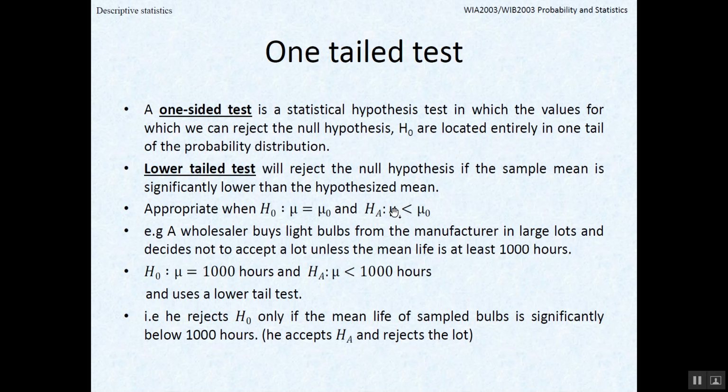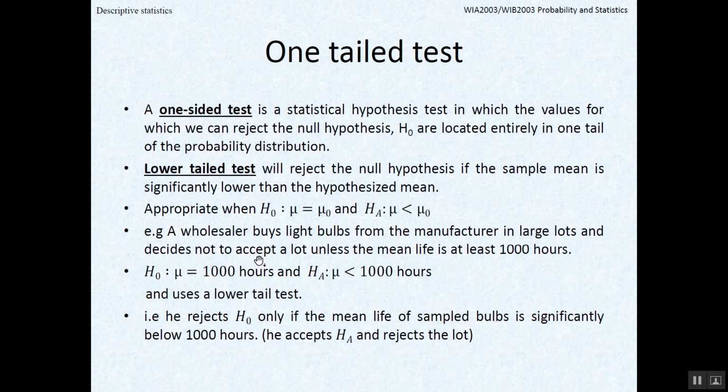Normally the null is mu equals a value, and the alternative is mu lower than whatever value you want to give. For example, here I'm using mu equals 100 hours, and the alternative is mu is less than 100 hours. If we manage to reject the null hypothesis, then I can accept that mu is less than 100 hours.